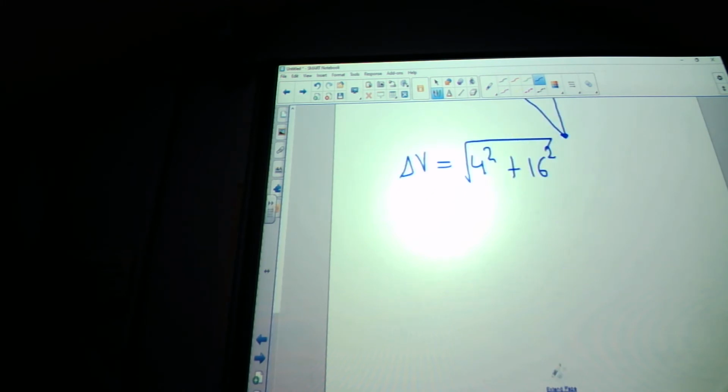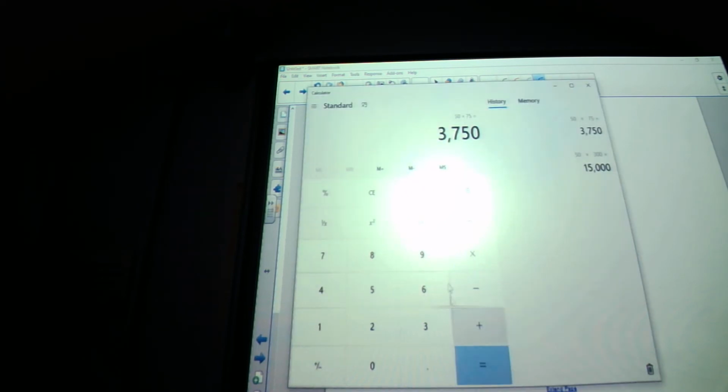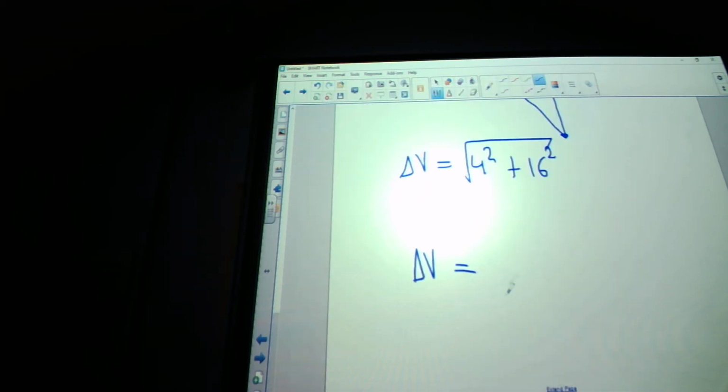I call it delta V. So delta V is the square root of the adjacent squared plus that squared. That will give me a value of 16.5.